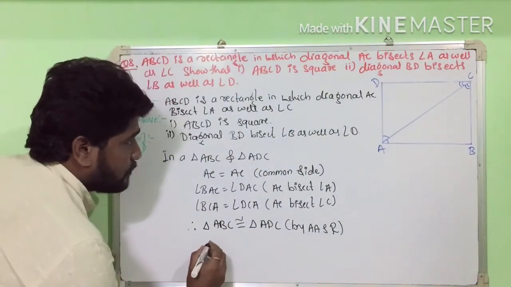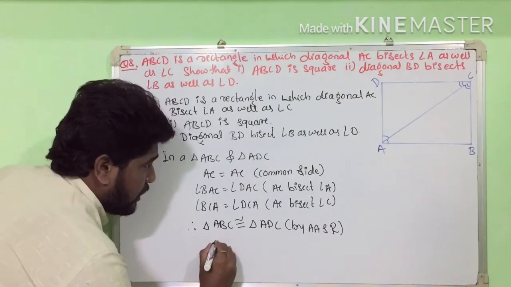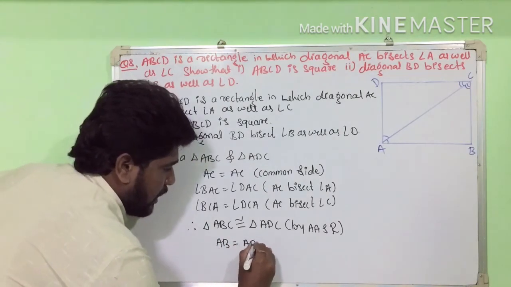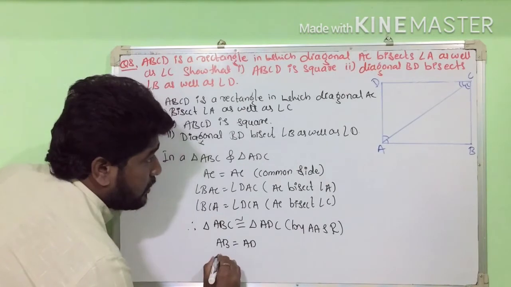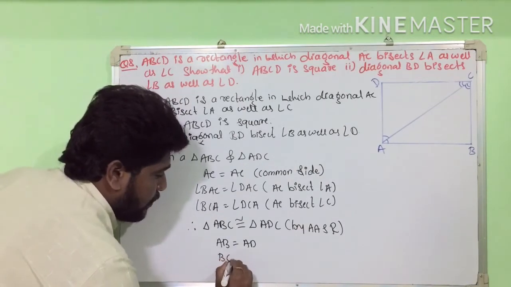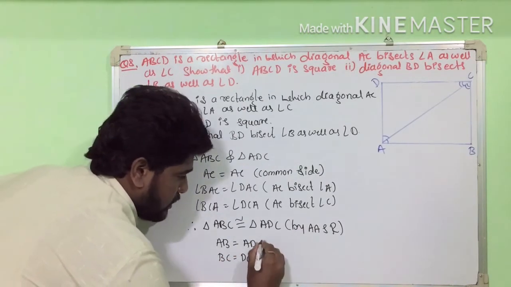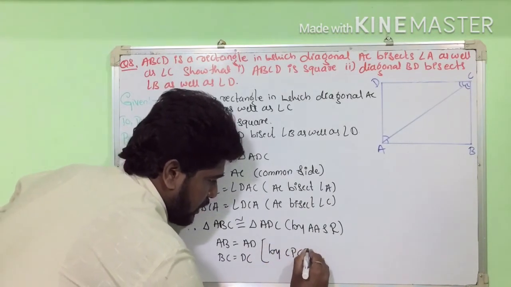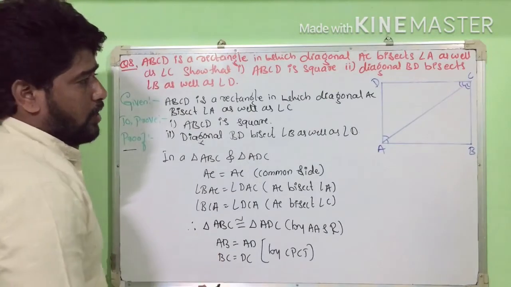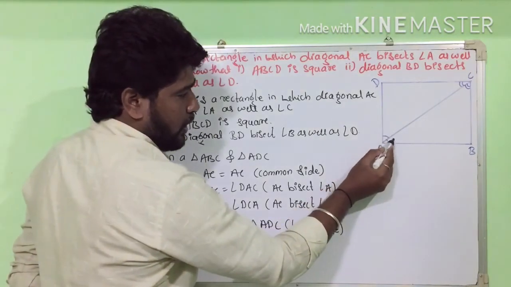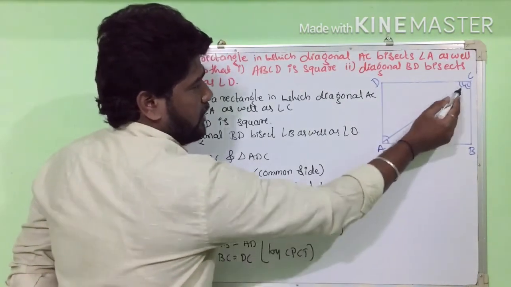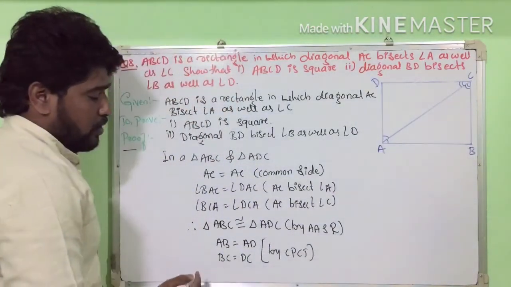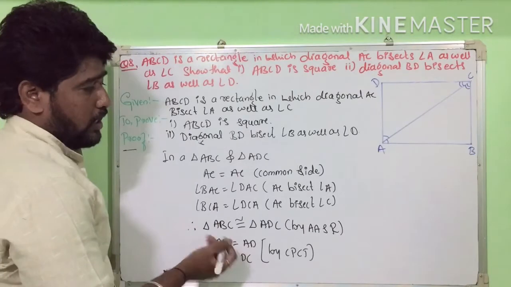Is it clear? So AB is equal to AD and BC is equal to DC by CPCT, corresponding parts of congruent triangles. So here the corresponding sides are equal.